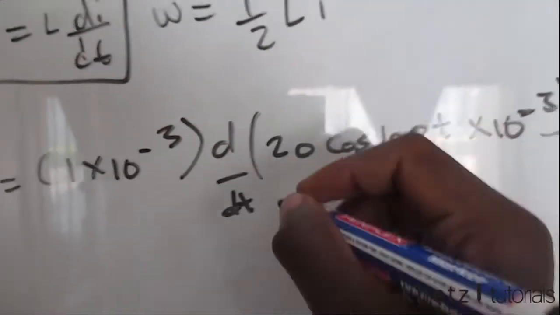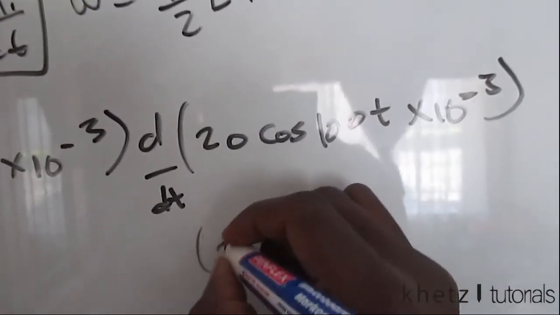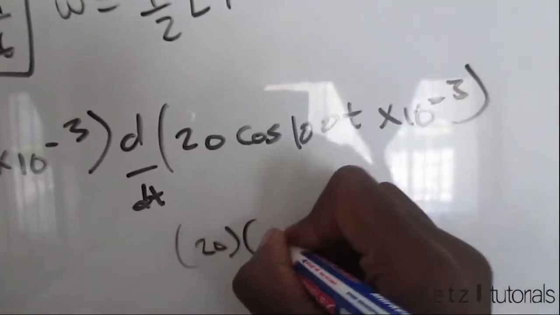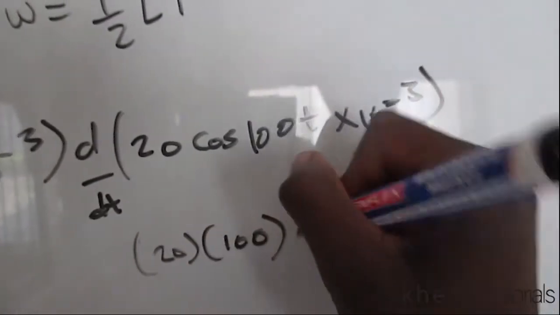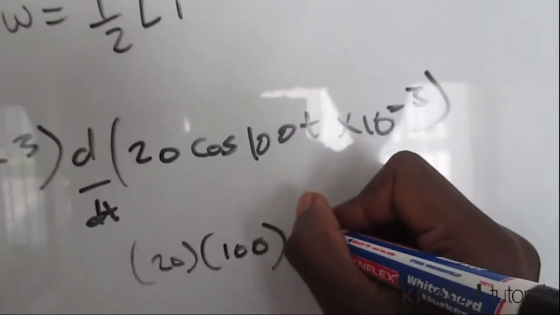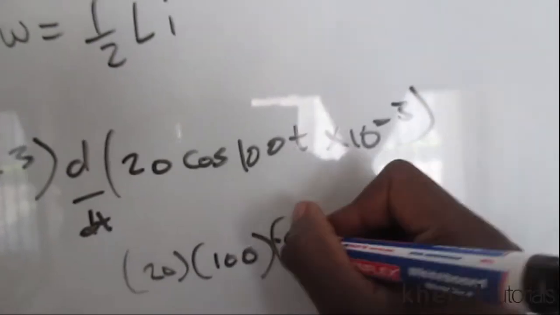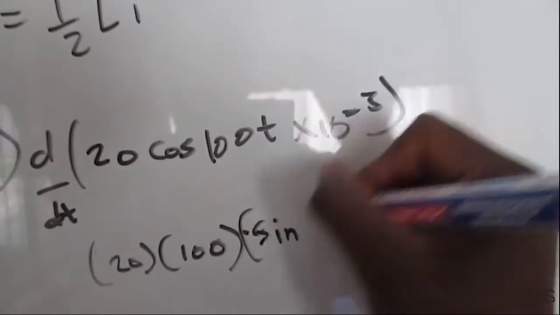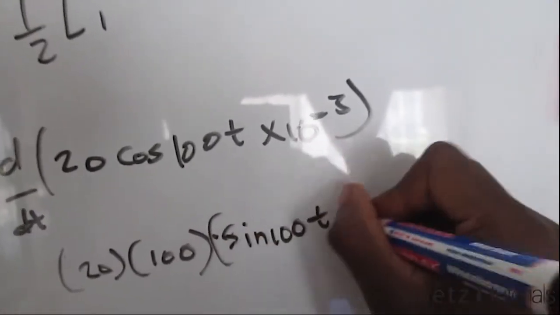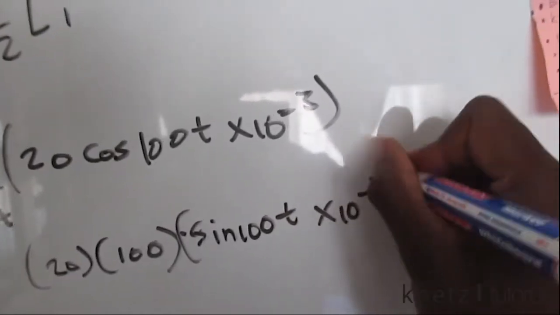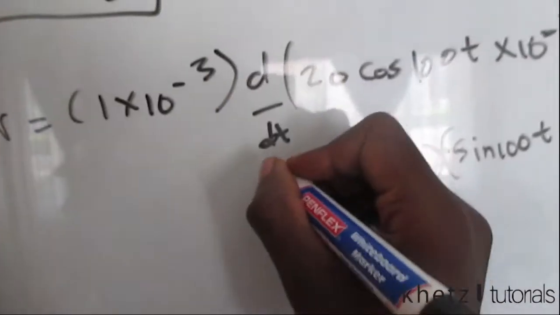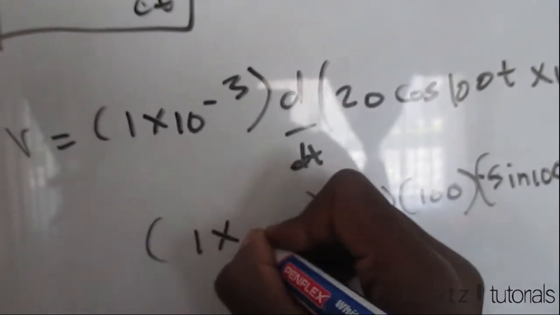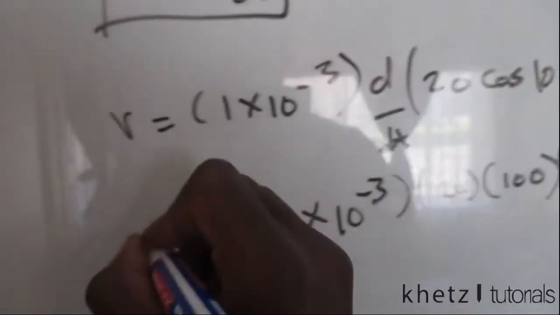So the result of this will be 20 multiplied by 100, multiplied by the derivative, which is negative sine 100t, using the same units. And all of that is multiplied by everything you had originally in your function.